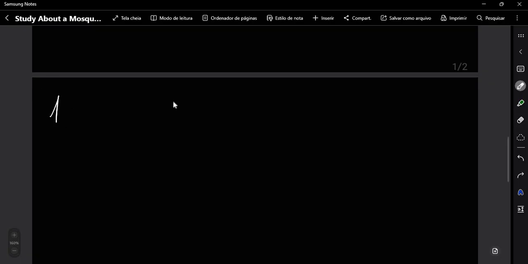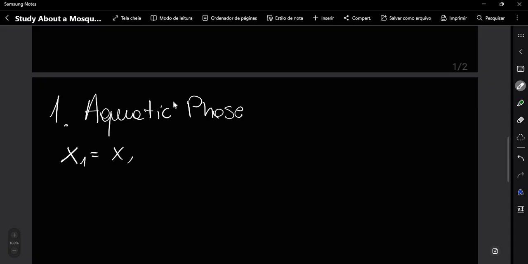So first, on the aquatic phase, we have a variable x1 equal to x1 of t, which is the density of individuals in the population on the aquatic phase.